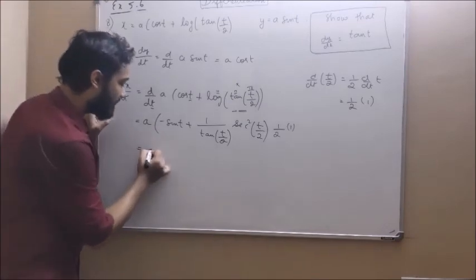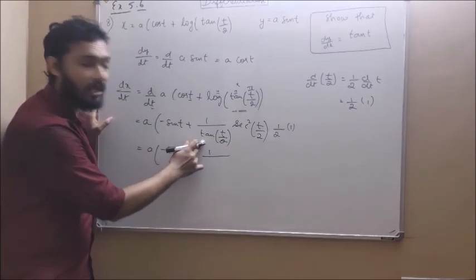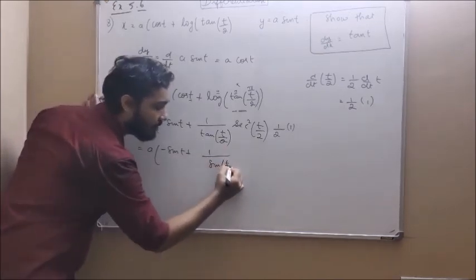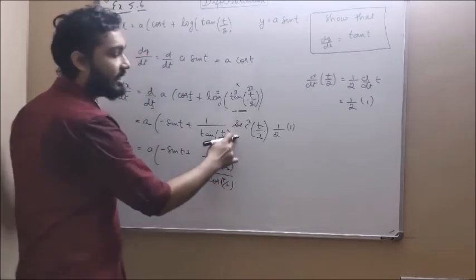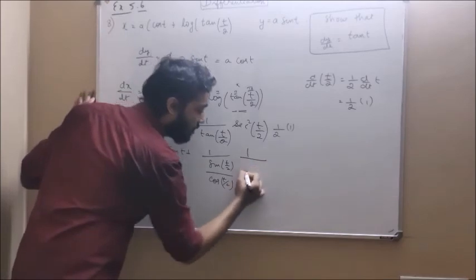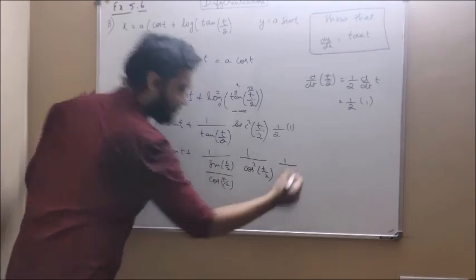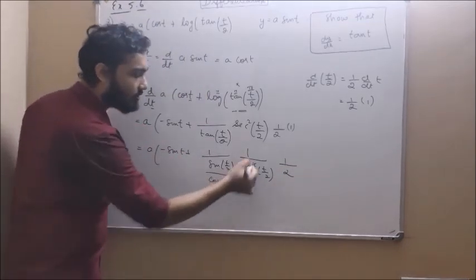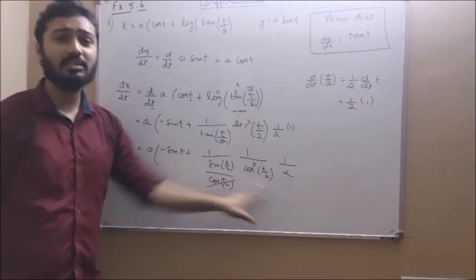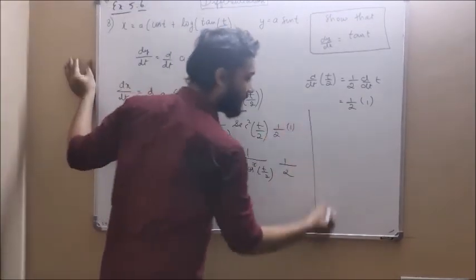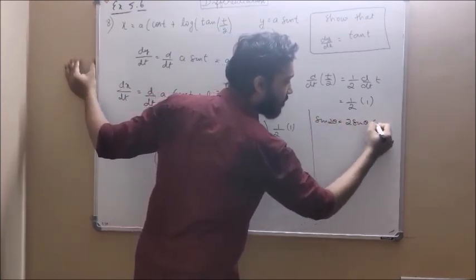Now simplify this. It is a into minus sin t plus 1 by tan t by 2, which can be written as sin t by 2 divided by cos t by 2, times secant square t by 2, which can be written as 1 by cos square t by 2, into half. Now cos and cos will cancel, so what is there here? 2 sin t by 2 cos t by 2. This looks like the formula I told you earlier: sin 2 theta is 2 sin theta cos theta.